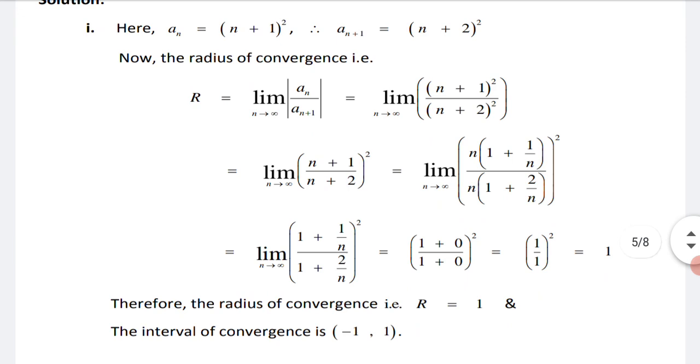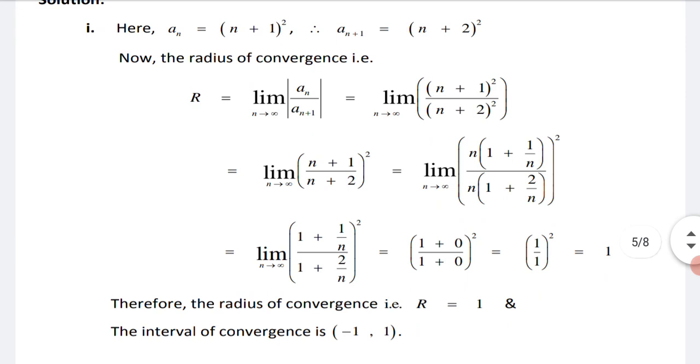Now take n common: n into 1 plus 1 by n divided by n into 1 plus 2 by n whole square. The n cancels, giving the limit of 1 plus 1 by n divided by 1 plus 2 by n whole square as n tends to infinity.